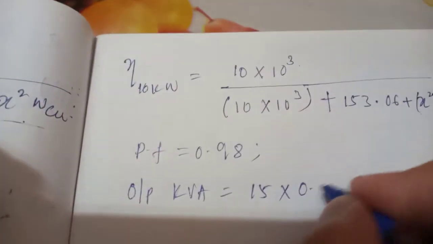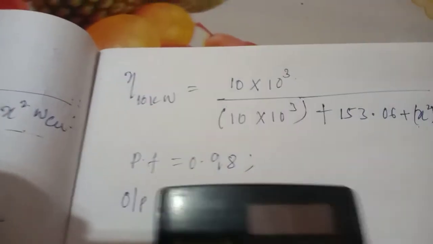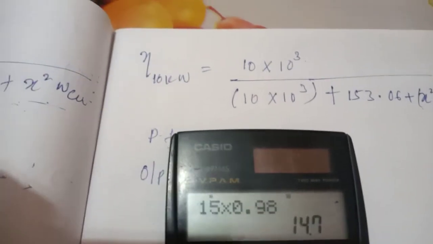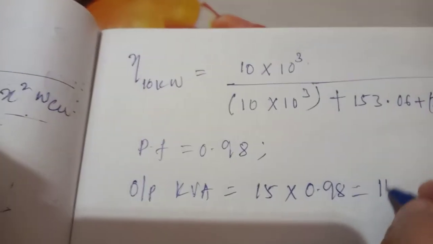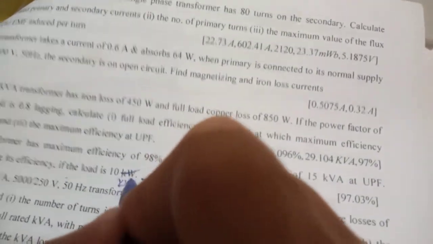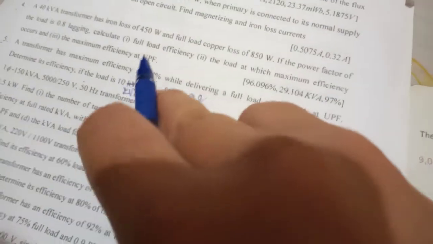The full load kVA is 15 kVA into 0.98. 15 into 0.98 is around 14.7 kilowatt. You have to change this: not 10 kilowatt, but 10 kVA with a power factor of 0.98. Please change this in this problem.